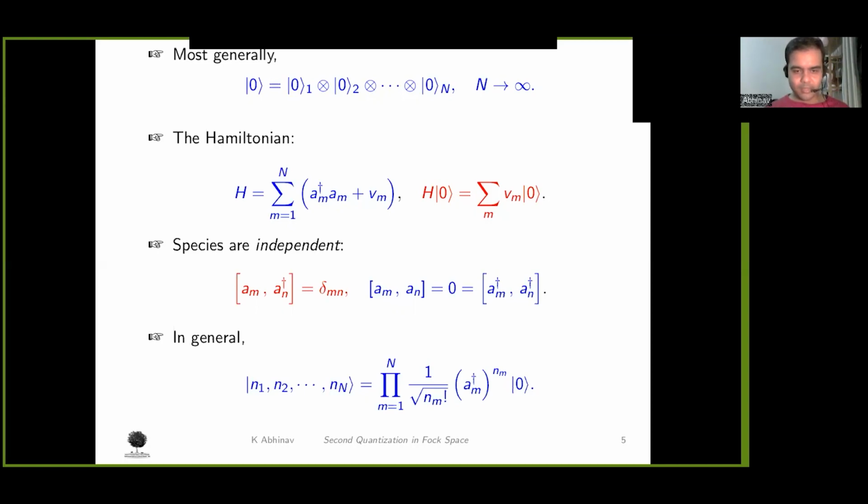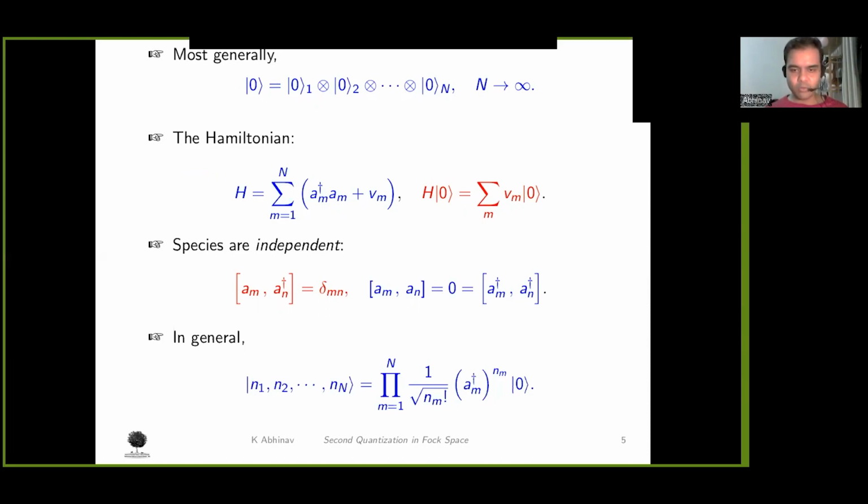So in general, a state with n1, n2 up to nN number of particles for different species can be written down as the corresponding creation operators raised to suitable powers acting on the vacuum and normalized through a suitable constant.